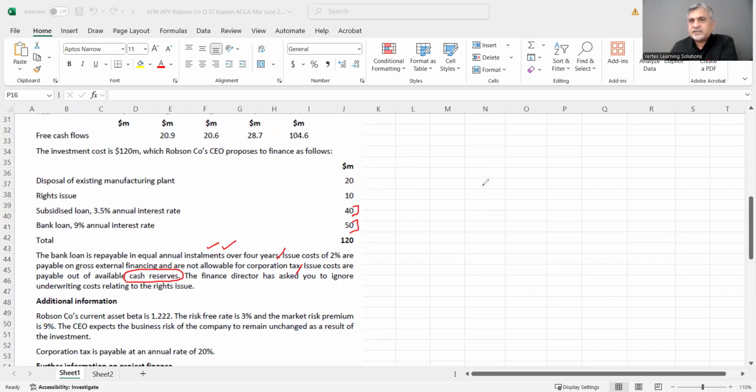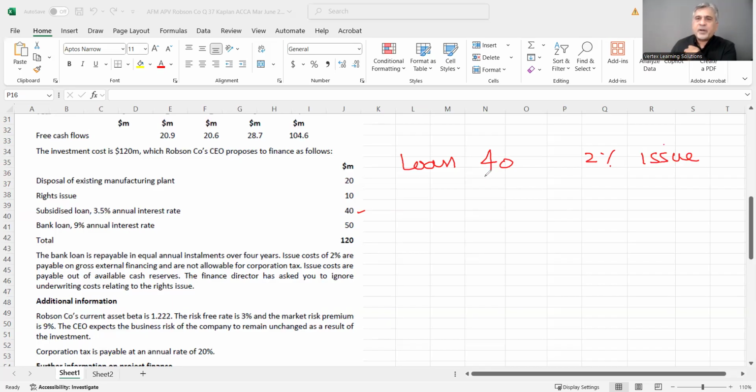Now, in some cases, let's call this number for subsidized loan. If I need a financing of 40 million, and there is 2% of issue cost, it means that I do not have to take 40 million. I need to take more. So that is called grossed up financing.